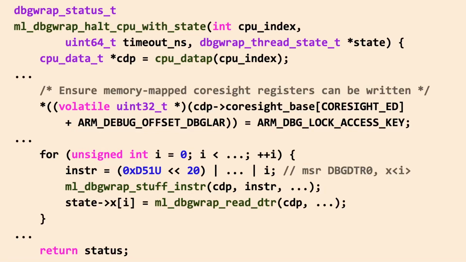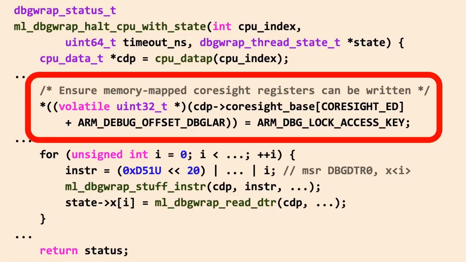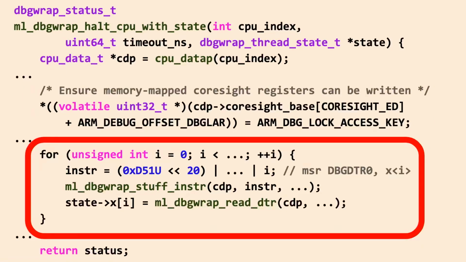And the way that it does this is actually quite remarkable. First off, you can see that there's another reference to this CoreSight thing. It says, "ensure memory mapped CoreSight registers can be written." So clearly something with CoreSight is important here. Maybe it's the block of registers that contain this functionality. But the important part is this for loop right below, which iterates i over the indices of your general purpose registers.